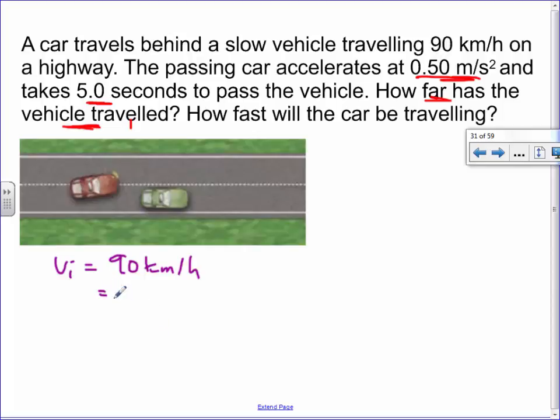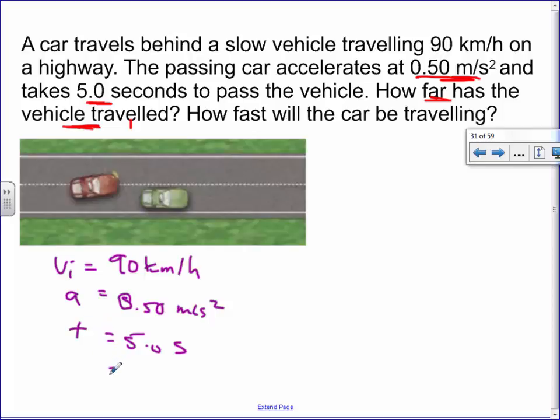All right, then the next number we're given is this 0.50 meters per second squared number. Sorry, that wasn't an overly nice one. What does that represent? Distance, time, velocity, acceleration? Good, yeah. Then it gives us a 5.0 seconds number. What does that represent? Time, yeah.